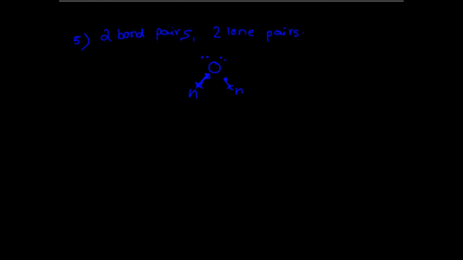So in this case, keeping the total number of pairs equal, that is 2 plus 2 equals 4, and one lone pair is increased, so our bond angle decreases by 2.5 degrees. Hence 107 degrees minus 2.5 degrees equals 104.5 degrees. So in this case our bond angle is 104.5 degrees and our shape is non-linear. Many consider it to be V-shaped.